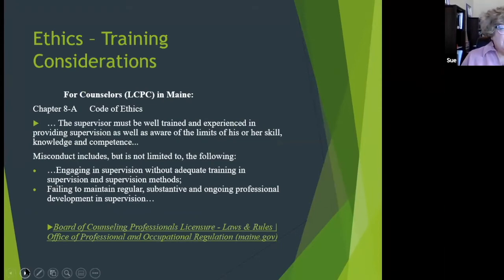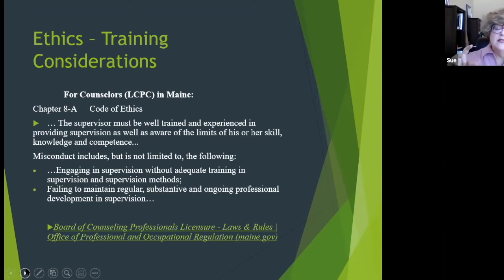I've also included Maine. What does Maine require? So in Maine, for counselors, there is a provision. I did write out the whole thing, but there is a link to the rules from the licensing board for counselors at the bottom of the slide. If you go to the counseling licensing board, it's under rules, not laws, under the code of ethics.